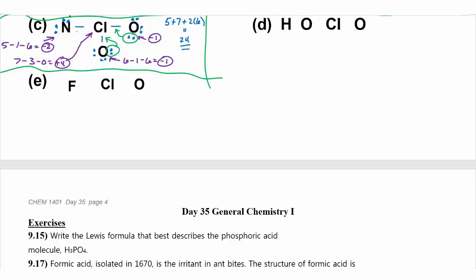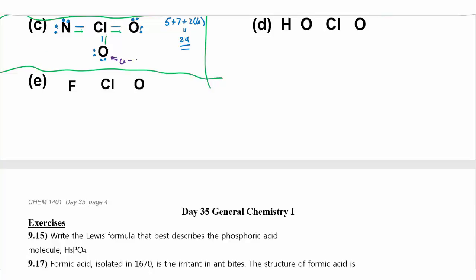So now I have a double bond here, a double bond here, and a double bond here. Let's recalculate these formal charges. Let's see if we get this to work better now.